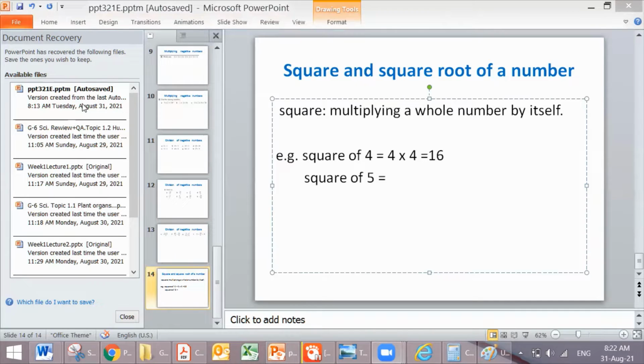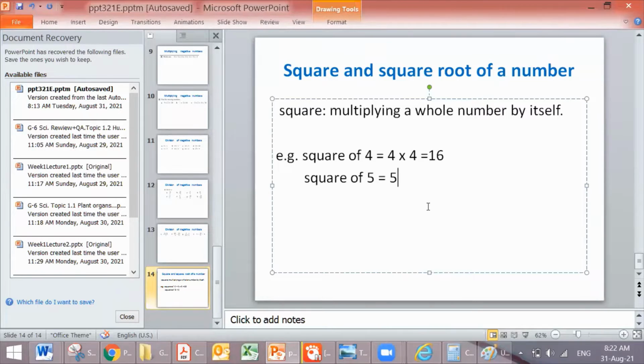And Musab, Mishari, Muhammad Zaid, Ahmad, very good answers. Arwad, yes, correct answer. All the students have given the correct answer. Square of 5 is 5 multiplied by 5 is equal to 25. So 5 5s are 25.